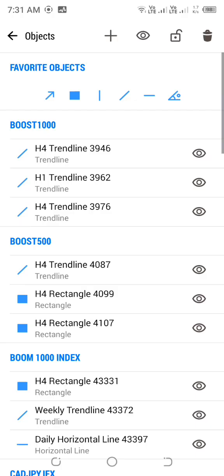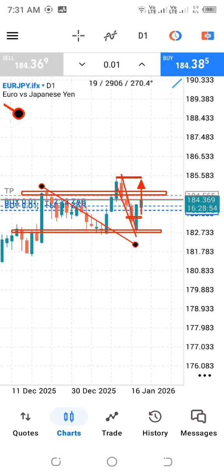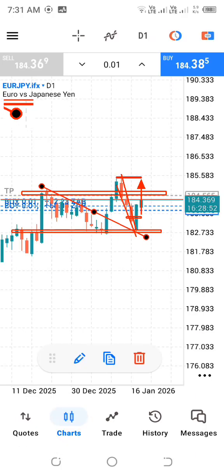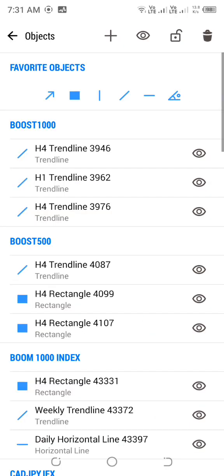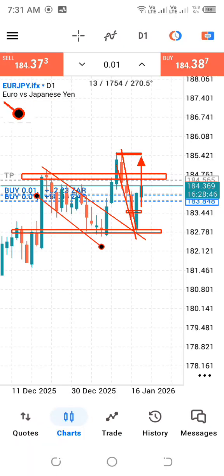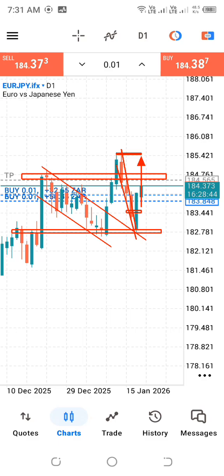Right, you can also see we have our market here clean. Let me remove some of the things so you can see it properly.